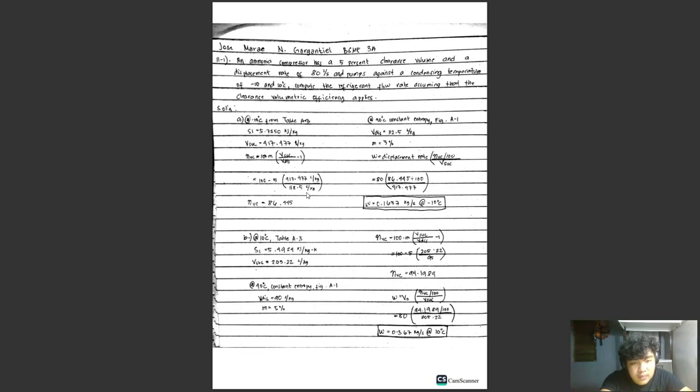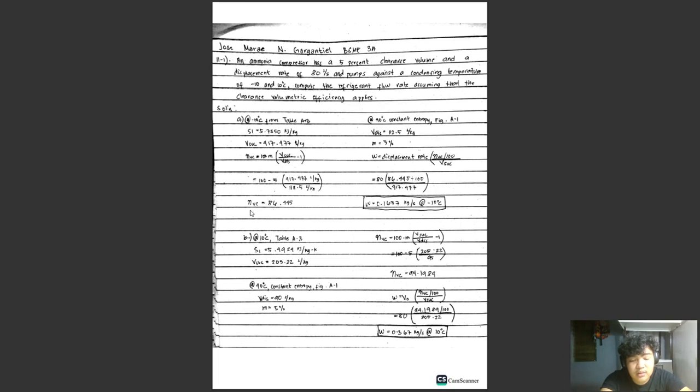Then we have the clearance efficiency for -10 degrees Celsius, which is 86.445.